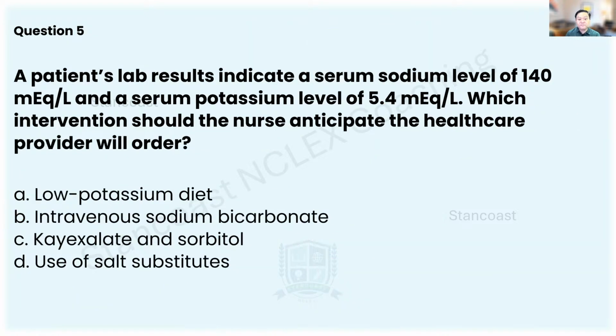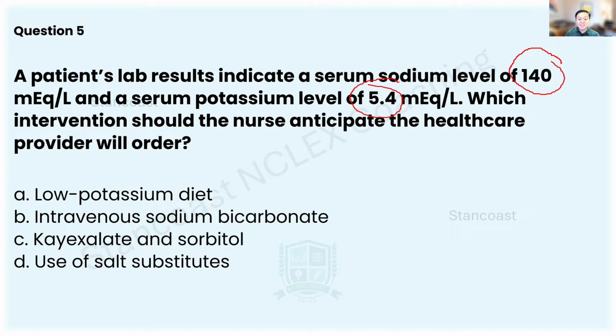Let's have number 5. A patient's lab result indicates a serum sodium level of 140 milliequivalents per liter and a serum potassium level of 5.4. Which intervention should the nurse anticipate the healthcare provider will order? Is it A, low potassium diet? Is it B, intravenous sodium bicarbonate?